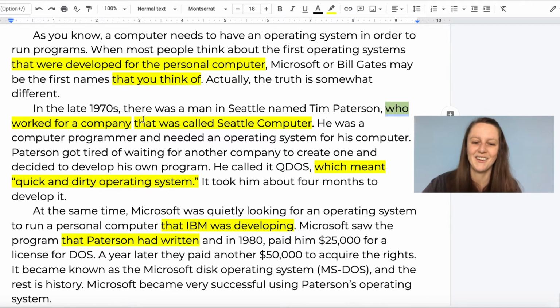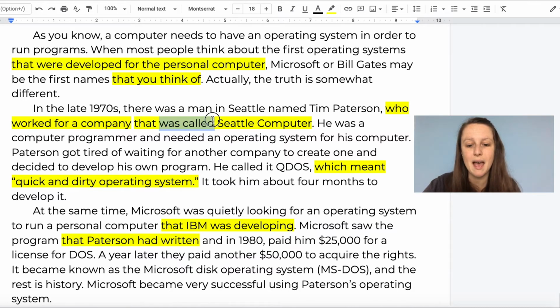And then we have an adjective clause right after it, that was called Seattle Computer. This adjective clause is modifying a company. And our relative pronoun, that, is either going to be subject or object of the clause. Let's look.